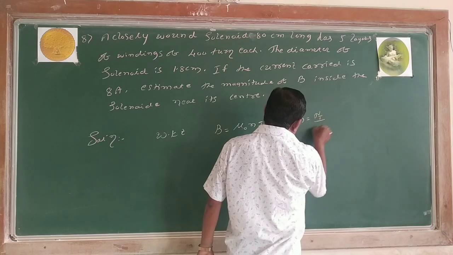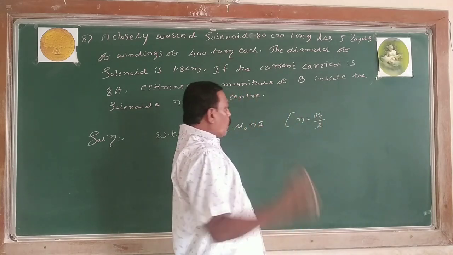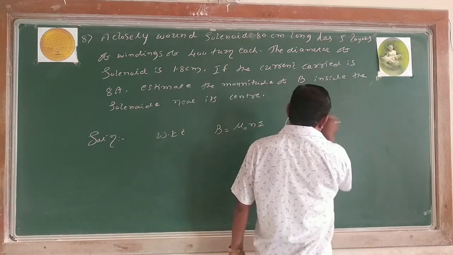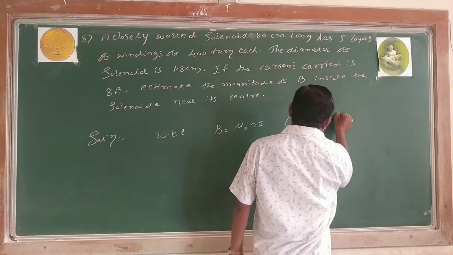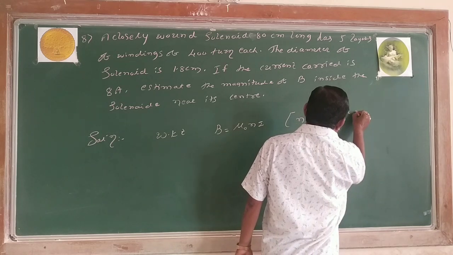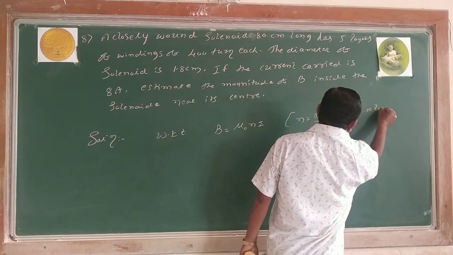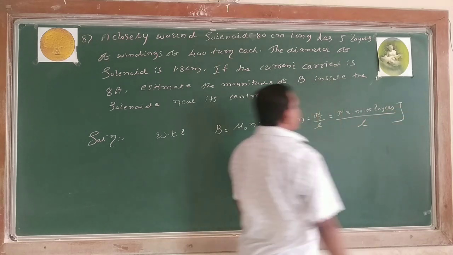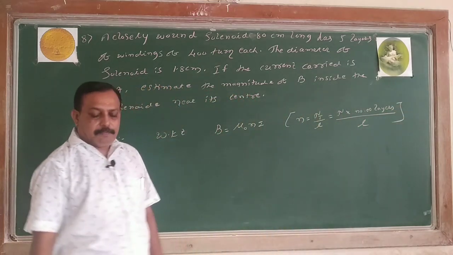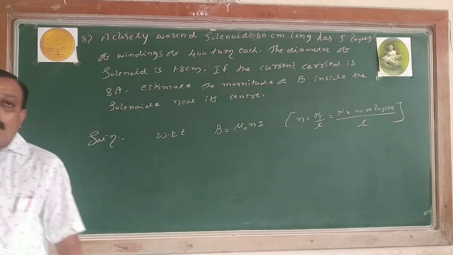What is total number of turns? Earlier we just wrote n, but here there are number of layers, so number of turns into number of layers, divided by length. This gives what? Small n. Earlier with just the number of turns we took n directly, but here the turns are wound in 5 layers.